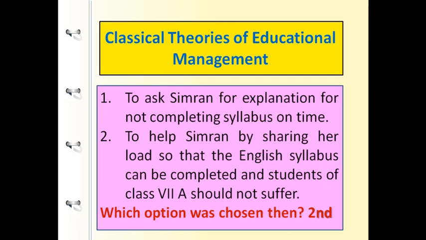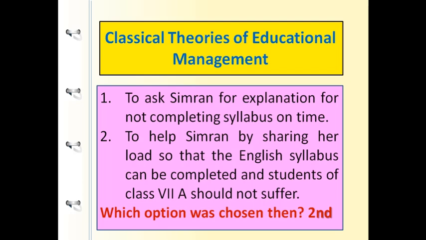She realized the problem, and now she had two options. The first option was to ask Simran for an explanation because she could not finish the syllabus in class 7th A on time. The second option was to help Simran by sharing her load so that the English syllabus could be completed and the students of class 7th A would not suffer.